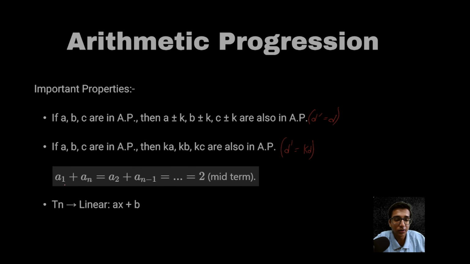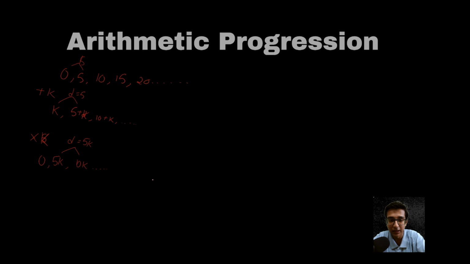And if we were to take equally distant terms from the AP and sum them, then that sum would be the same for all such pairs. For example, in this sequence, let's say 20 was the last term of this AP.